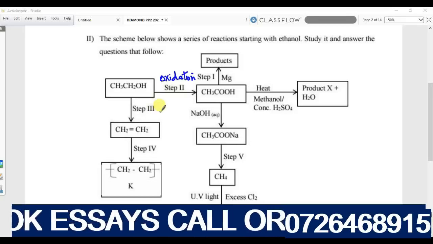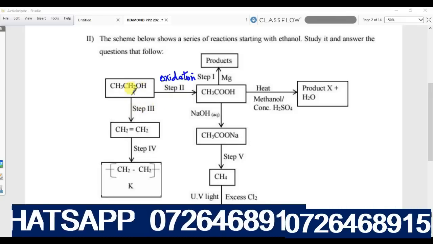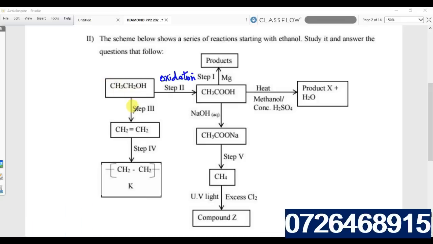Now let's go to step 3. What's happening? Ethanol is undergoing a certain step, forming ethene. Which step is this? Step 3 is dehydration.